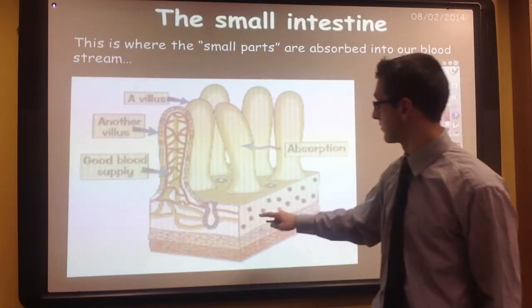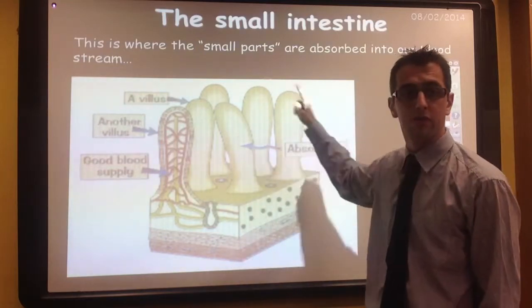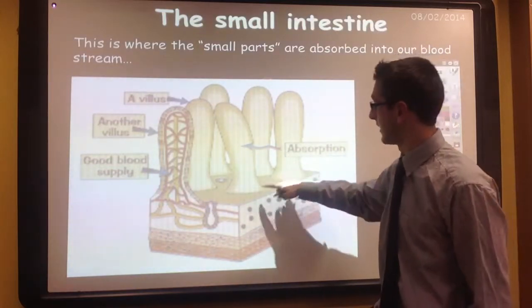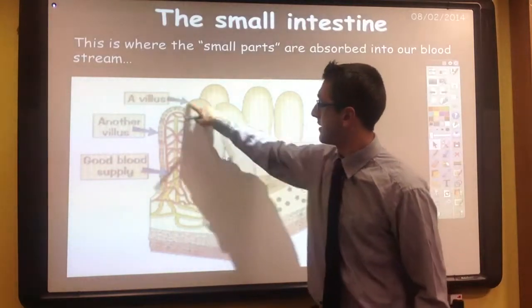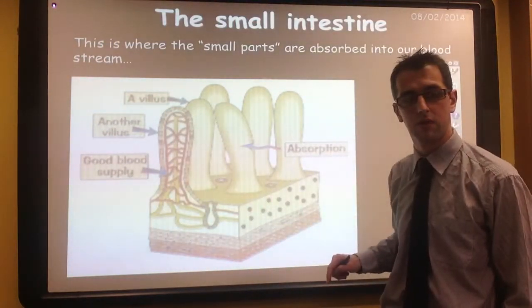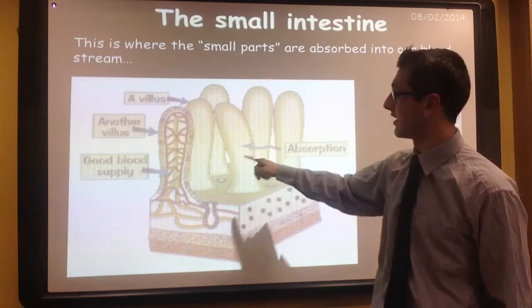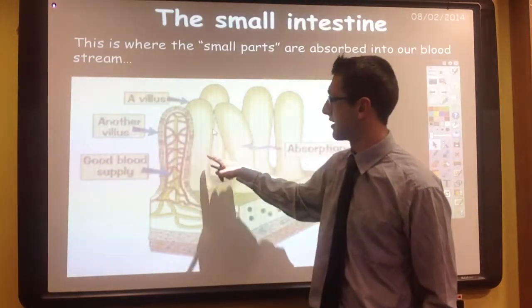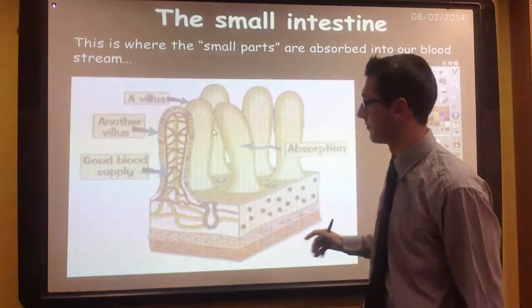And that's achieved by not only being a highly folded structure, but each fold has many of these finger-like projections sticking out of them. And these are called villi. So one villus, many villi in the plural.